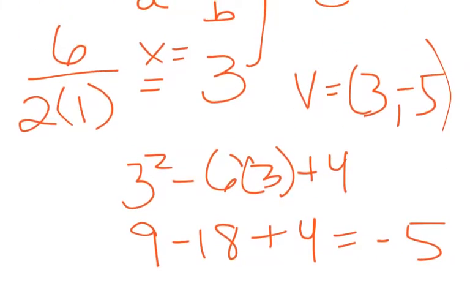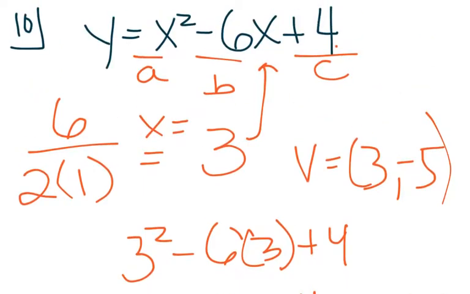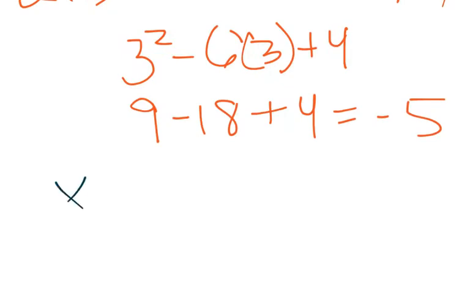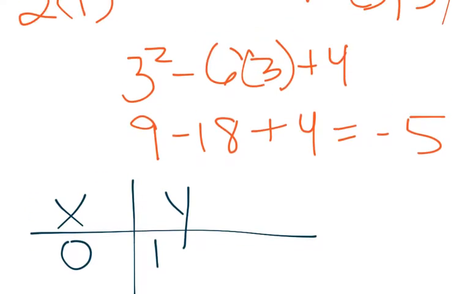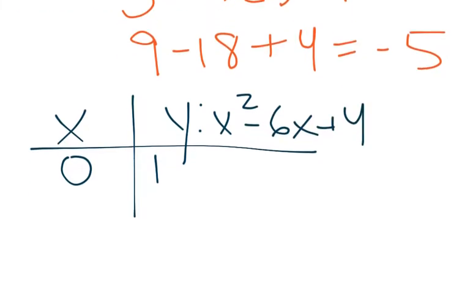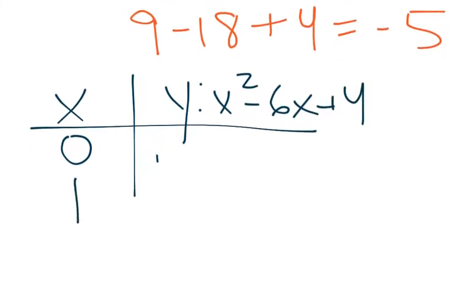So we're just going to choose 2 other values for x, and let's choose small numbers like 0 and 1. So x, y, 0, 1. And of course y is the same as x squared minus 6x plus 4. Oops, 1 goes here, not there.